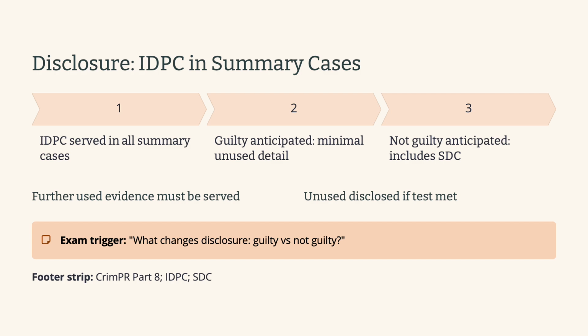After IDPC, further used evidence the prosecution intends to rely on at trial must be served in accordance with court directions. Unused material is disclosed if it meets the Criminal Procedure and Investigation Act test: material that might reasonably be considered capable of undermining the prosecution case or assisting the defense case.